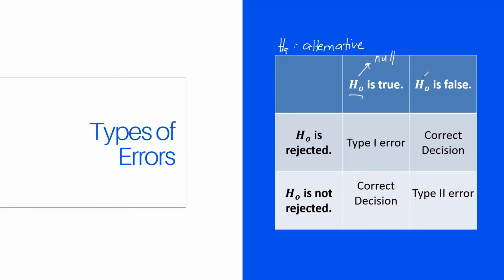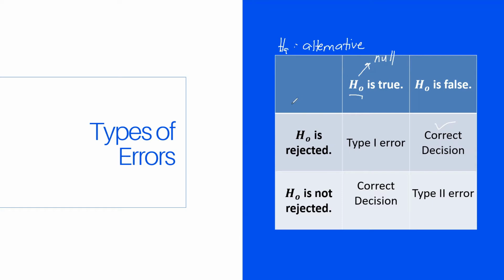When we have a false null hypothesis and we reject it, therefore it is a correct decision. If we have a true null hypothesis and we do not reject it, it is a correct decision.